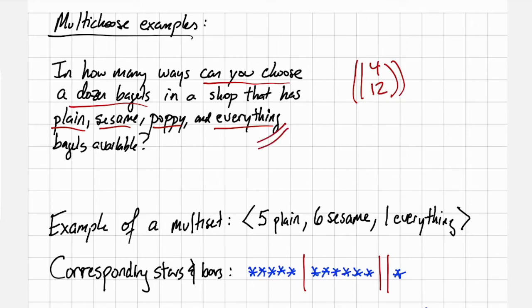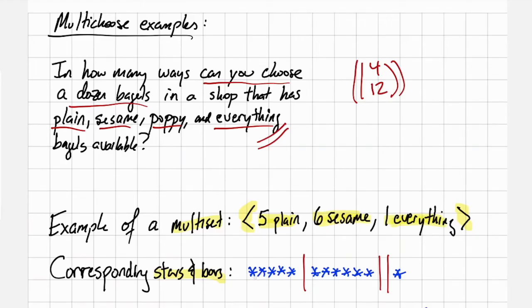And let's make sure we're all on the same page about how these multisets correspond to stars and bars. Of the types of things that we can count, we have multisets. Remember, we're using these angle brackets to represent a multiset, and our multiset has maybe 5 plain bagels, 6 sesame bagels, and 1 everything bagel.